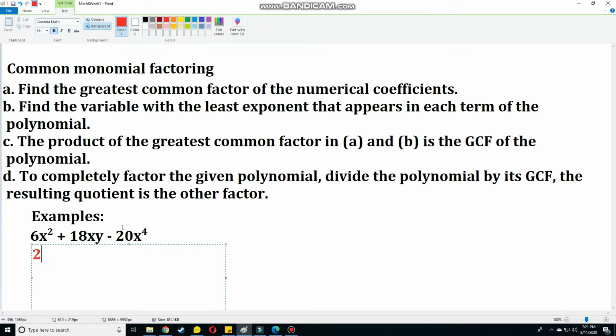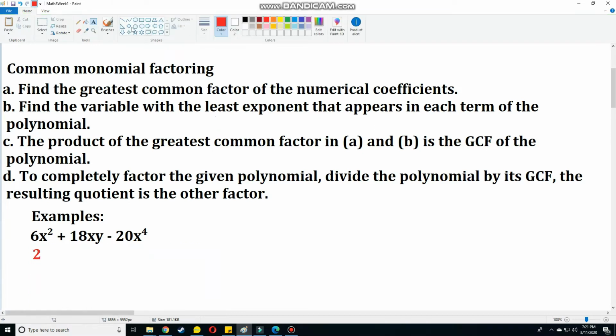Let's read the second step. Find the variable with the least exponent that appears in each term of the polynomial. Variable with the least exponent that appears in each term.